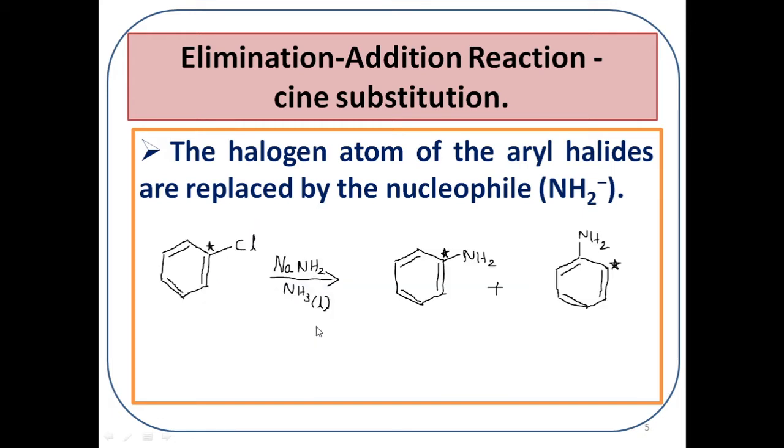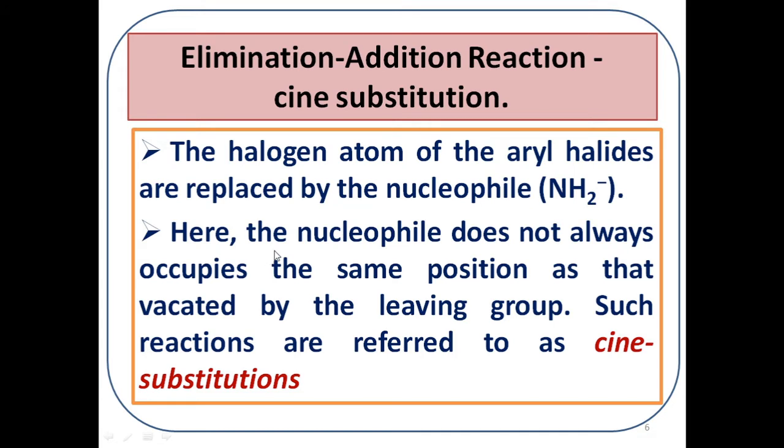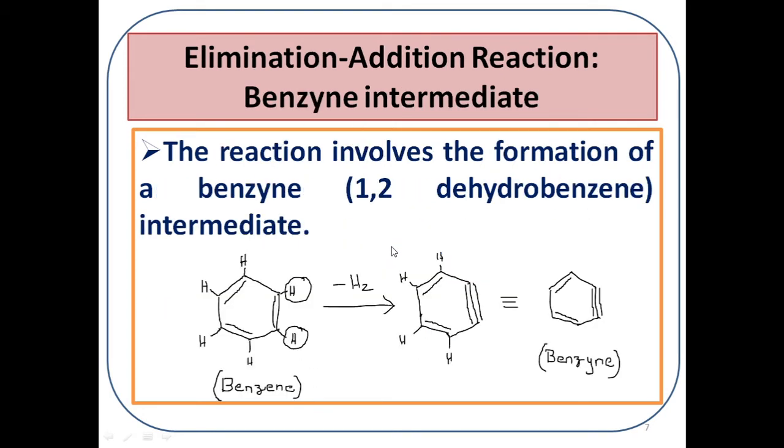That is, here the chlorine, when it is replaced by NH2, the incoming NH2 can either enter at the same position that was occupied by the chlorine, or with equal probability it will go to the adjacent carbon atom to which the chlorine was attached. So such reactions are termed as cine substitutions. So elimination addition reactions are cine substitution reactions.